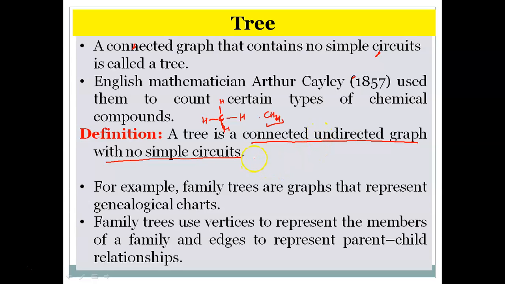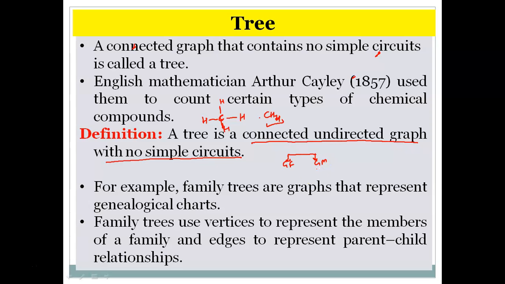The simplest example of a tree is a family tree. In a family we have the grandparents. Suppose we start from here, that these are our grandparents, grandfather, grandmother.